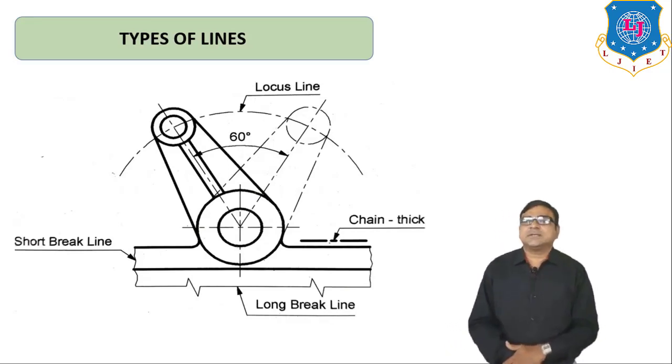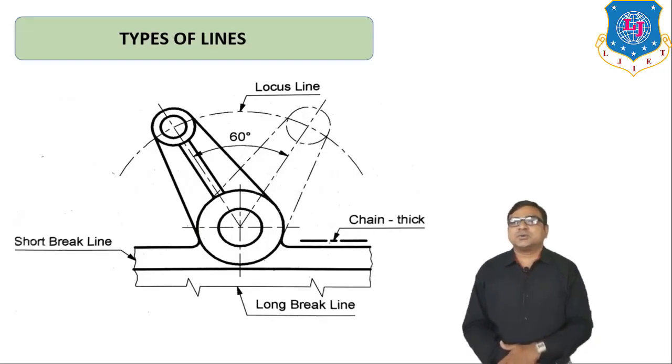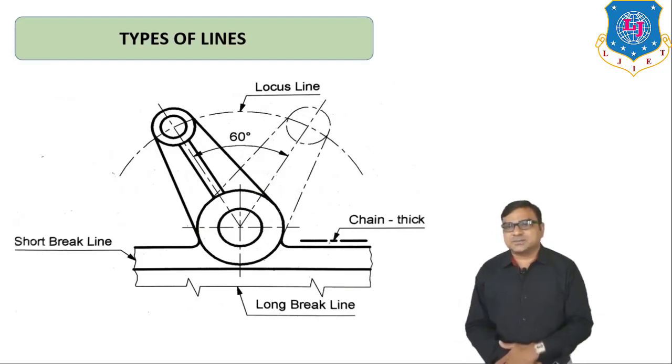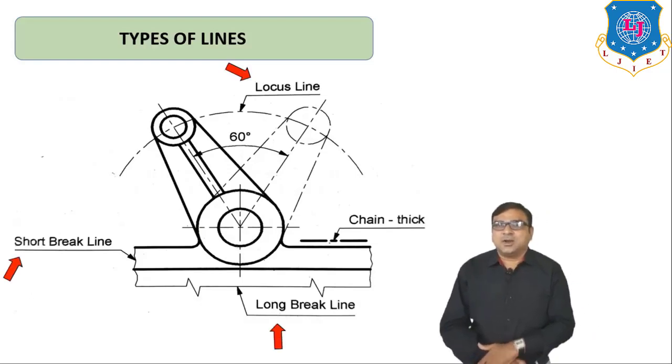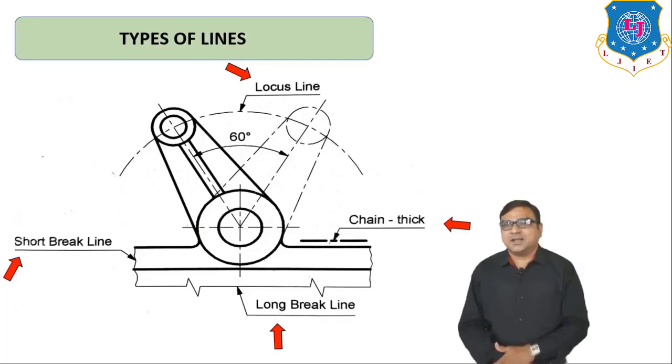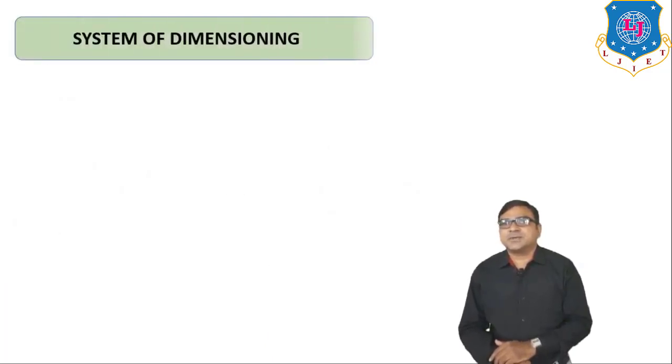Short break line is used to represent irregular boundaries or long constant, or you can say uniform cross-section bars. Long break lines represent the line for the long part. Chain thin line for specification of the particular surface.